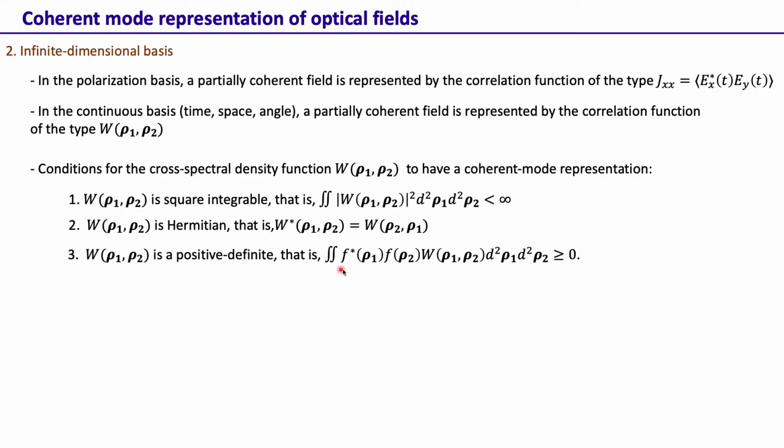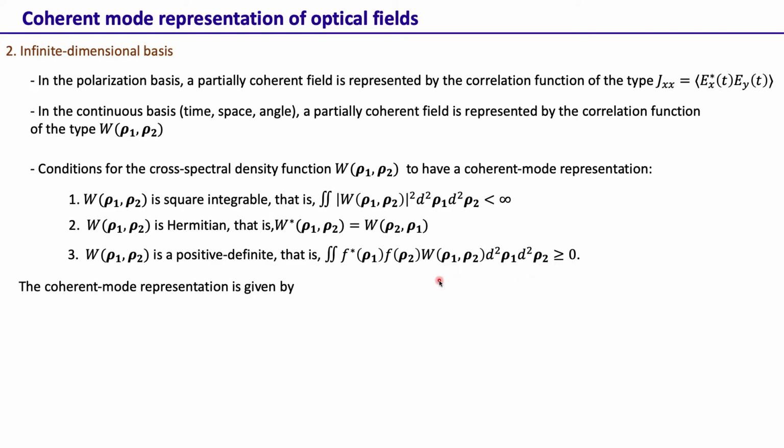And this time it is written in terms of an integral. So the integral of f star f(rho 1, rho 2), this is replacing that a_i a_j we had in the case of finite dimensional, and this W(rho 1, rho 2) in this integral has to be greater than 0.